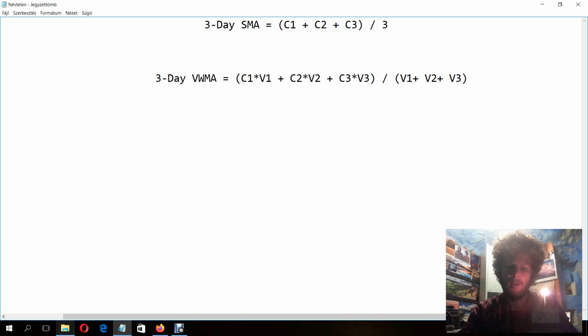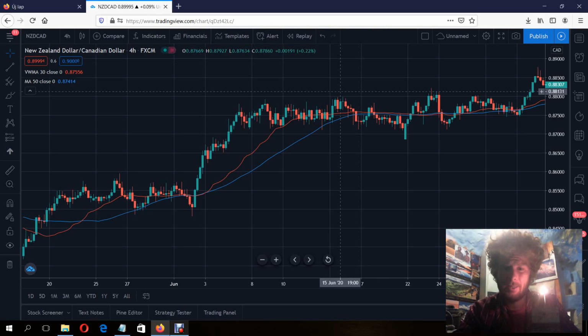So basically this is the difference between the two formulas. I think it is important to see the formulas of the indicators and understand them. So this is a simple explanation of these two indicators. Now let's go back to the charts.